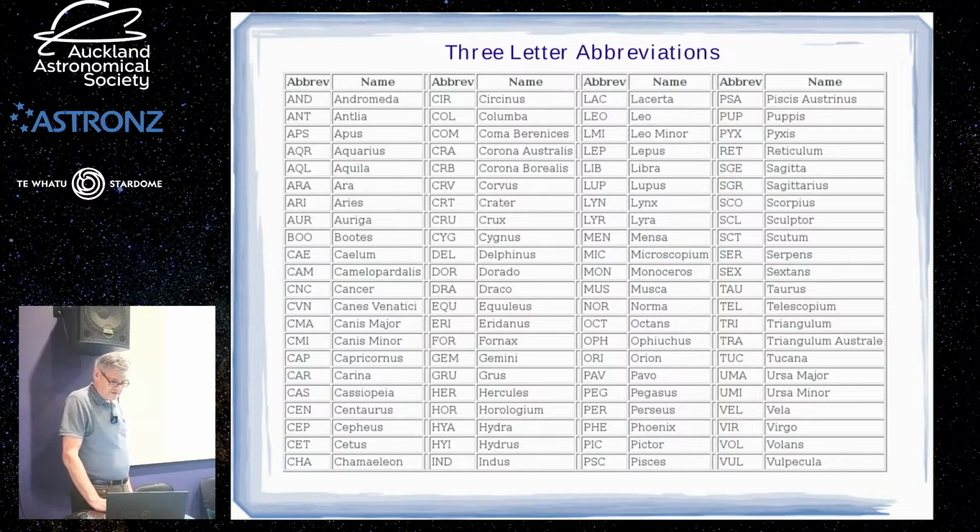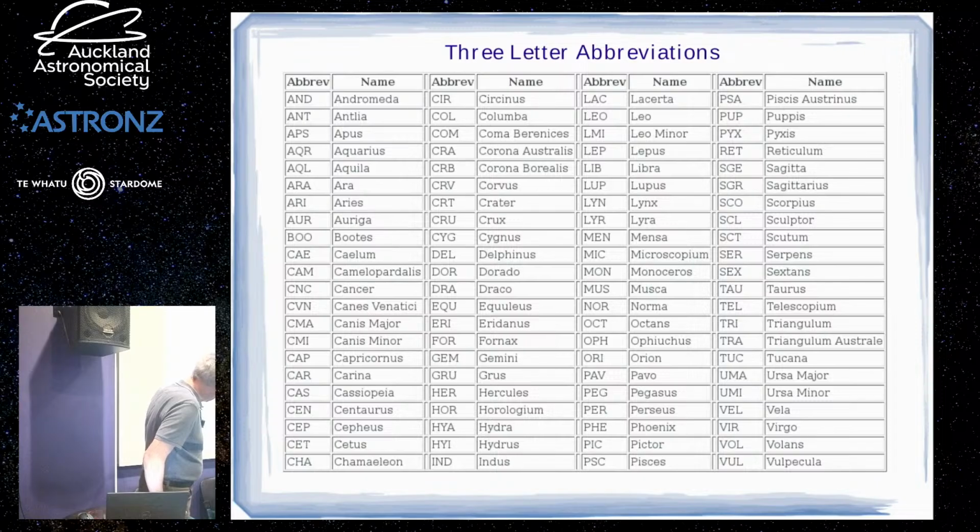I guess the genitive indicates possession. So basically, the star Alpha of Crux would be Alpha Crucis, and the same for all of them. Some of the endings, unless you've heard them before, are pretty hard to guess. Like for Octans, it's Octantis.